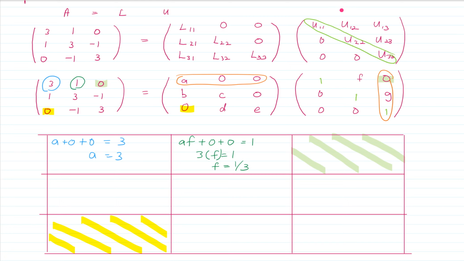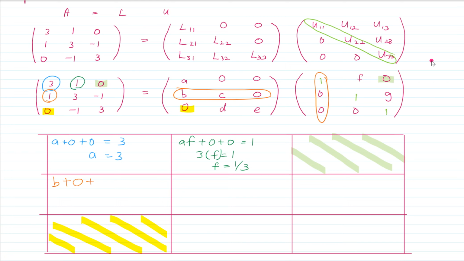Then we move to the next: the operation of this row multiplied by this column. So B times 1 is B, plus C times 0, plus 0 times 0, equals 1. So we also have B equals 1.